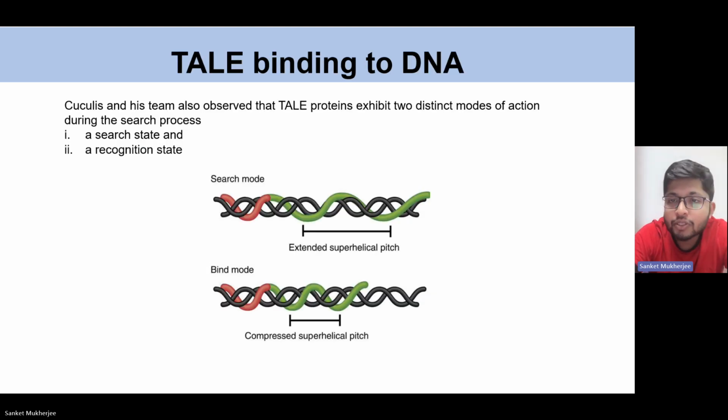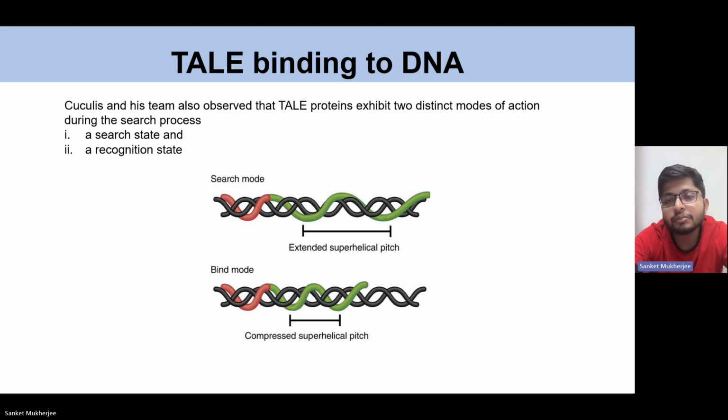During this process of transcription activator-like effector molecules binding to DNA, there could be two modes of action. One would be the search state, and the second would be the recognition state. In the search state, these molecules search for binding and traverse across the DNA, as shown in the above figure.